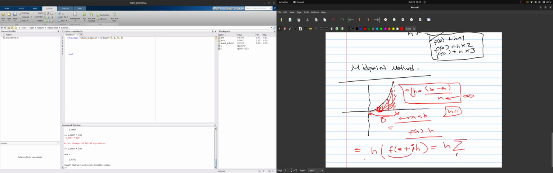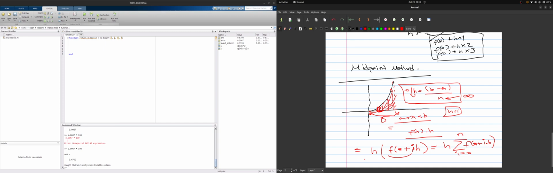I starts from 0 and ends at n. For I equals 0 we have f a, for I equals 1 we have a plus h.